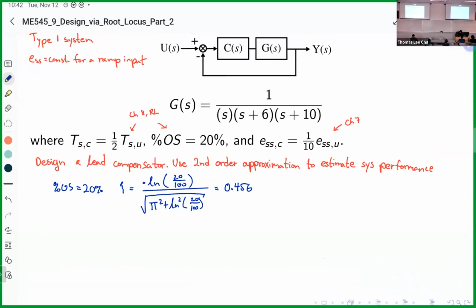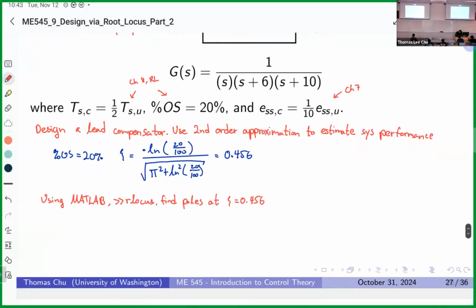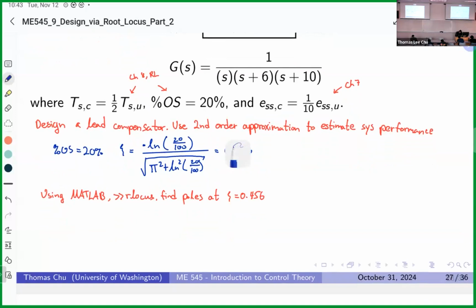Using MATLAB, on our root locus, we find the poles at zeta equal to 0.456. We find that the complex poles are at minus 1.79.